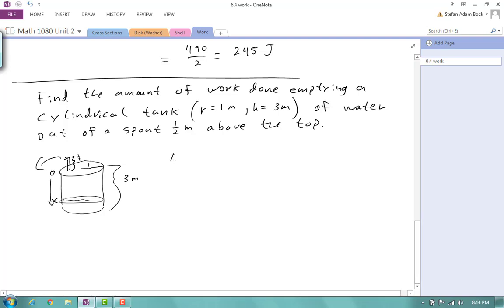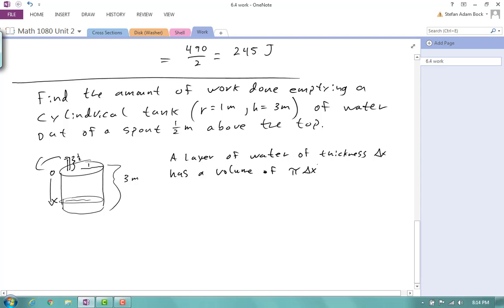So a layer of water of thickness delta x has a volume of pi r squared times delta x. Well, r is just 1, so pi times 1 squared times delta x, so pi times delta x.